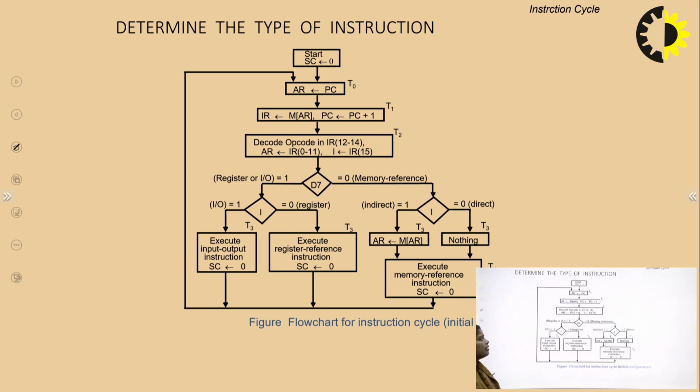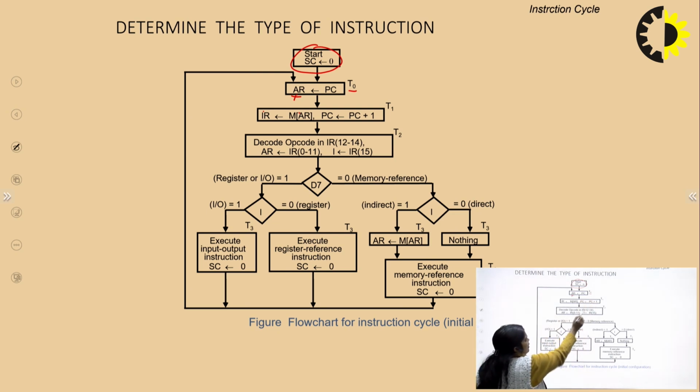In the instruction cycle, at the start, the sequence counter value is 0. In the first T0, from the memory, the instruction goes to the address register. And this address register, MAR, is going to the IR register. And the PC value will be incremented.